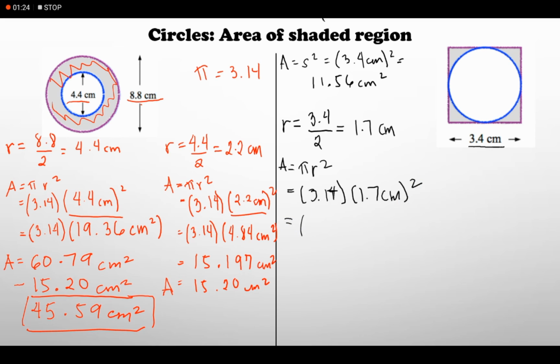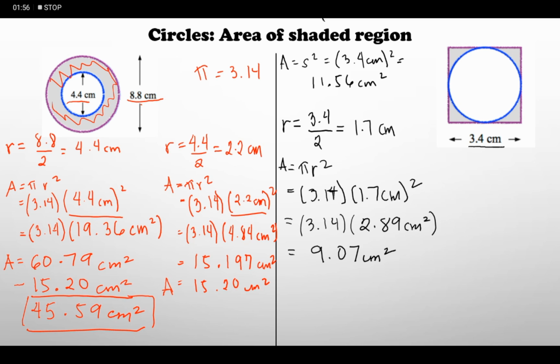Let us simplify first once again the radius. So copy 3.14 and 1.7 cm bracket square, that is equivalent to 2.89 centimeters square. Then multiply 3.14 times 2.89, that is equivalent to 9.07 centimeters square into 2 decimal places.